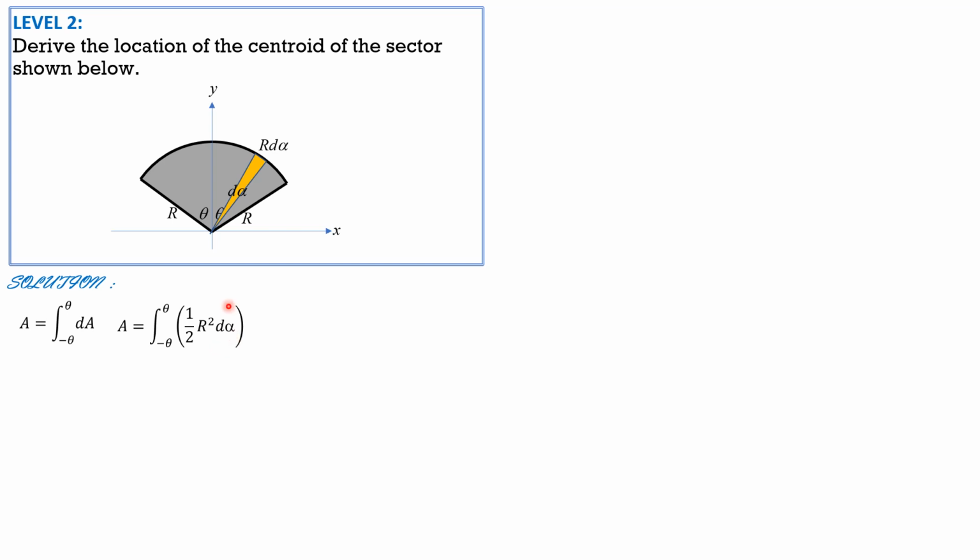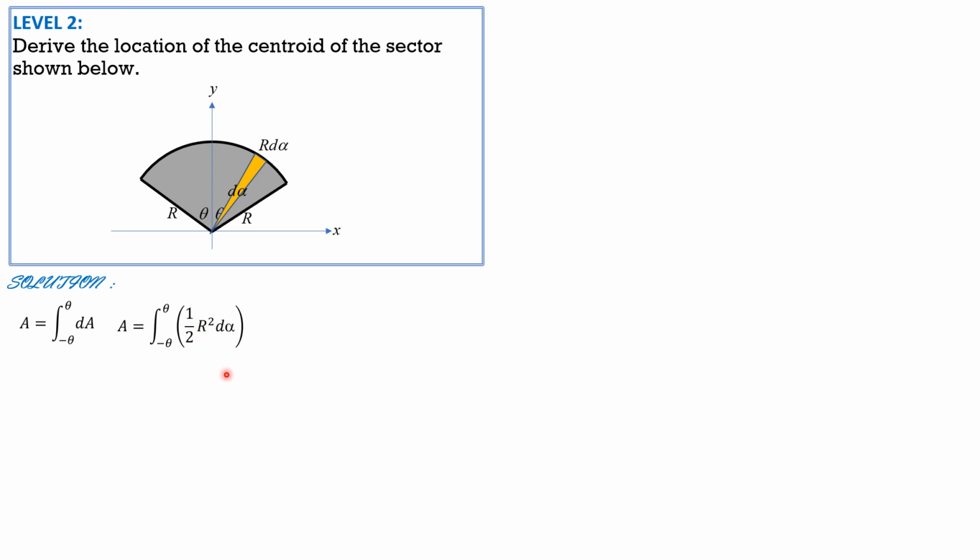The other treatment is to approximate this as a triangle with sides r and r and central angle differential alpha, or base r d alpha and height r. So the area of a triangle is 1/2 base times height, 1/2 of r d alpha times the height, which is also r.